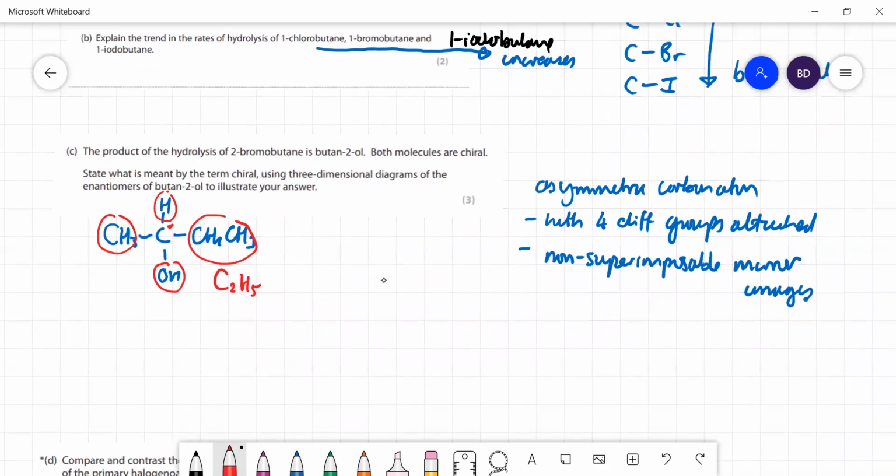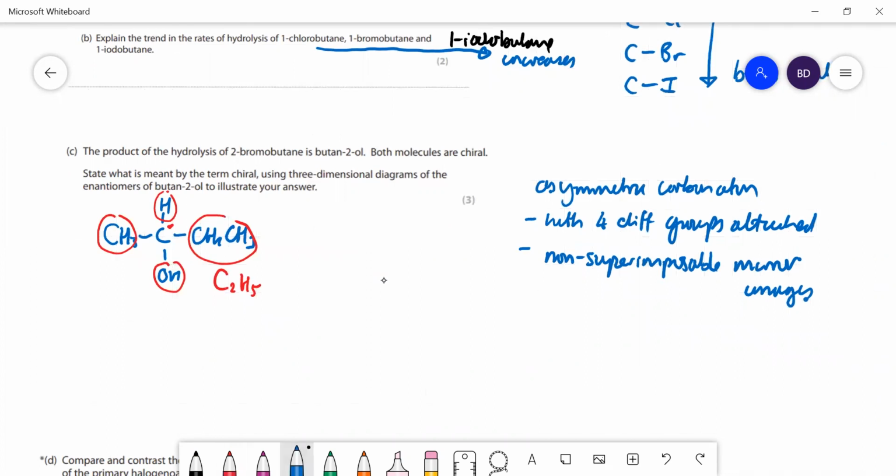So we want our chiral carbon here. Let's have our hydrogen sticking up. This wedge means that's coming towards us, the OH. That straight line means that that bond is in the plane of the paper, and there's our CH3 group. And then dotted, so that means it's going back into the plane of the paper. We've got the ethyl group there.